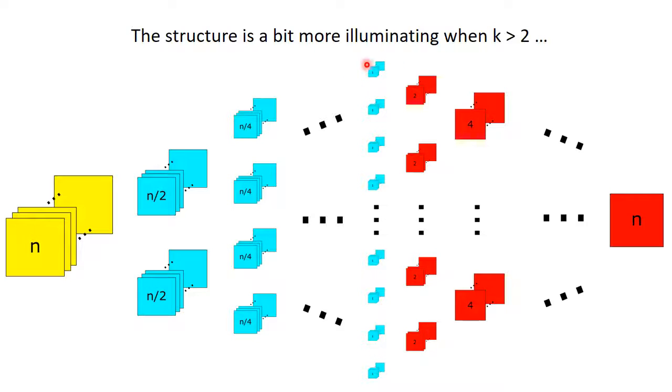So you can see here we take these two solutions to these problem sizes of 1 in k dimensions and combine them to form a solution of size 2 in k minus 1 dimensions. And you can continue doing this in the same fashion, to combine these two into this solution, and so on and so forth, until you've obtained your total solution, which is an operation on n items in one-dimensional space.